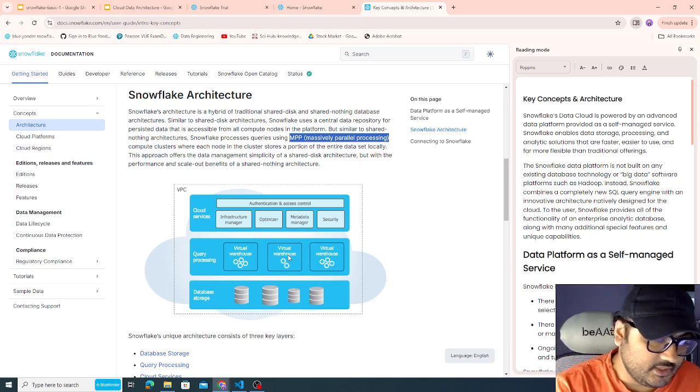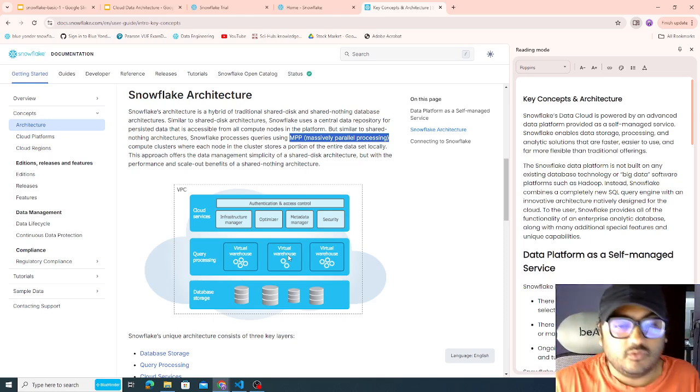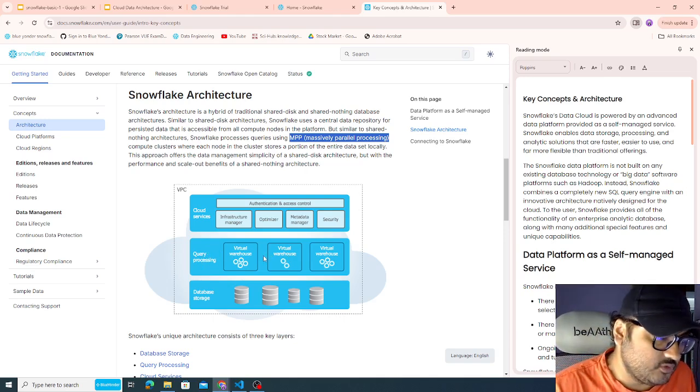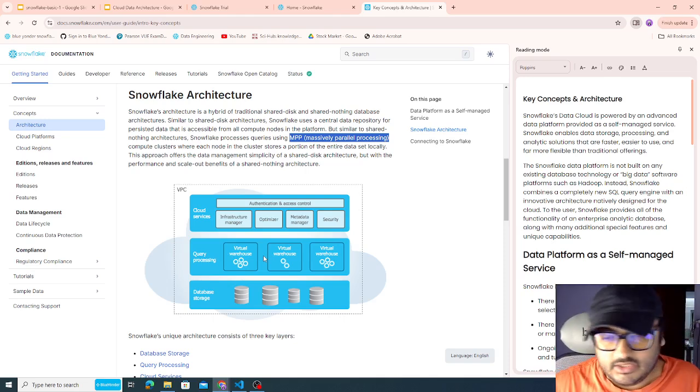So next one is your compute layer. In the compute layer, what we have to understand is that it is also known as virtual warehouse. So this portion is your compute layer. Each virtual warehouse is nothing but a compute cluster that processes your queries independently.